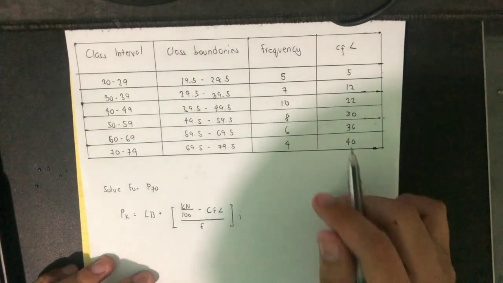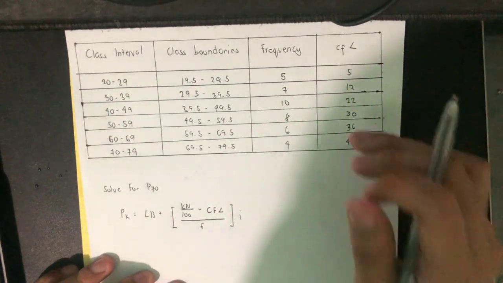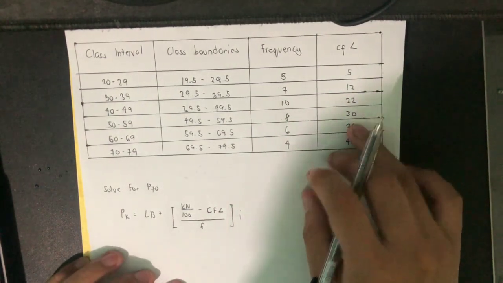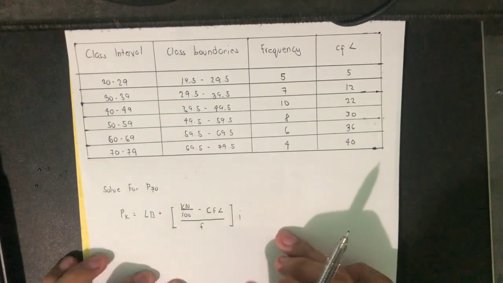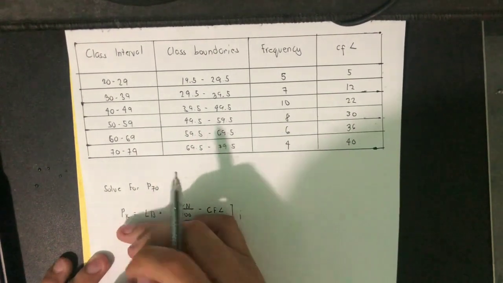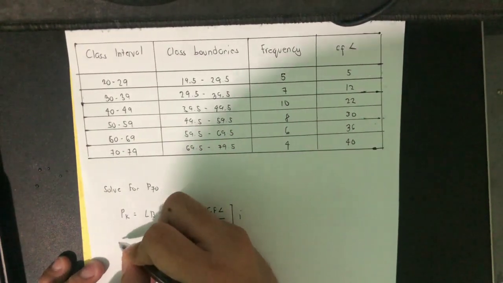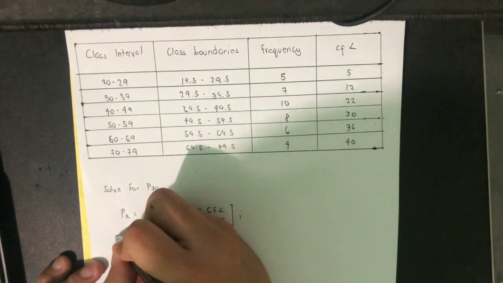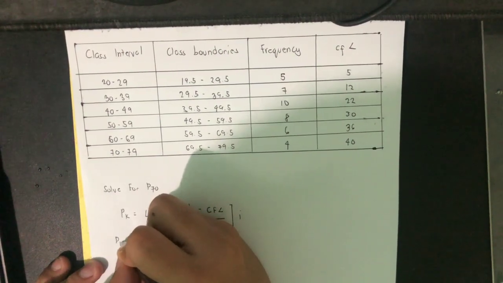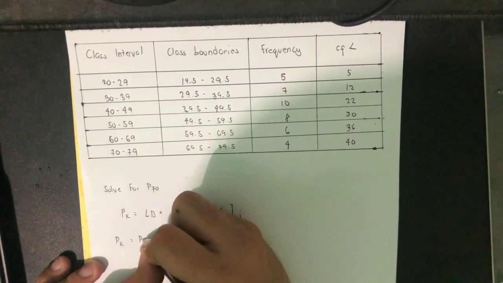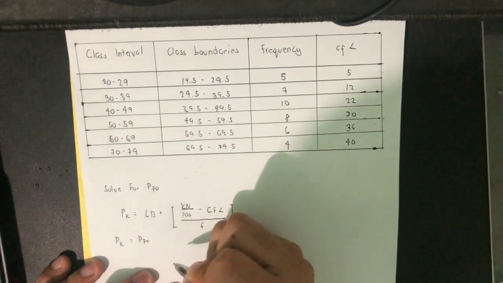The next thing to do, since we have completed the table, is to get the values in this formula. PK is given, since PK is P70, so K is equal to 70.